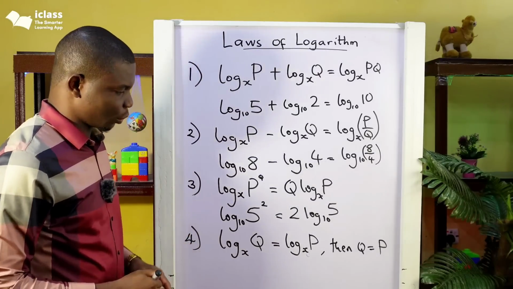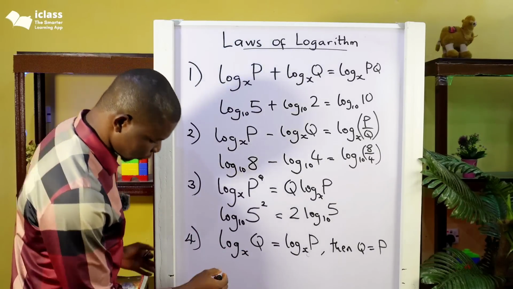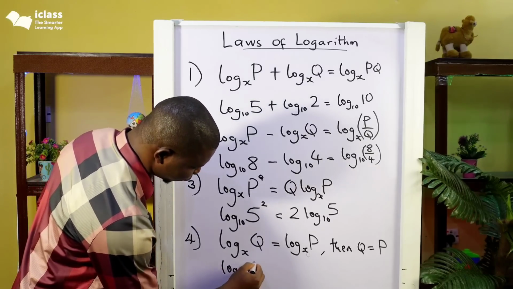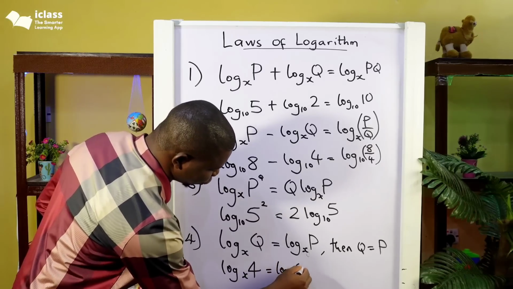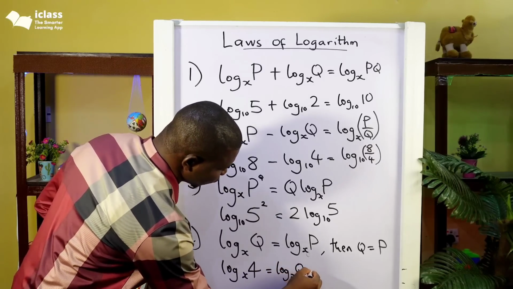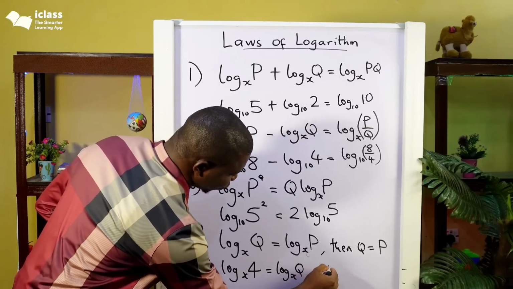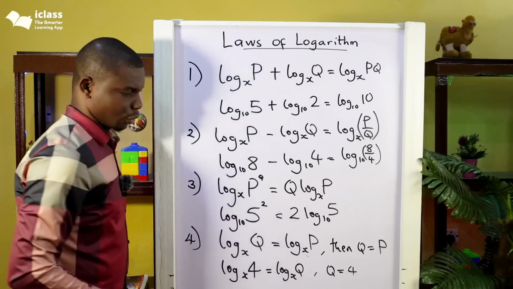Now it's important for you to note this because it's going to help you in solving some logarithm equation. Let's say we have log 4 base x equals log q base x. That means q is equal to 4, right? Q is equal to 4.